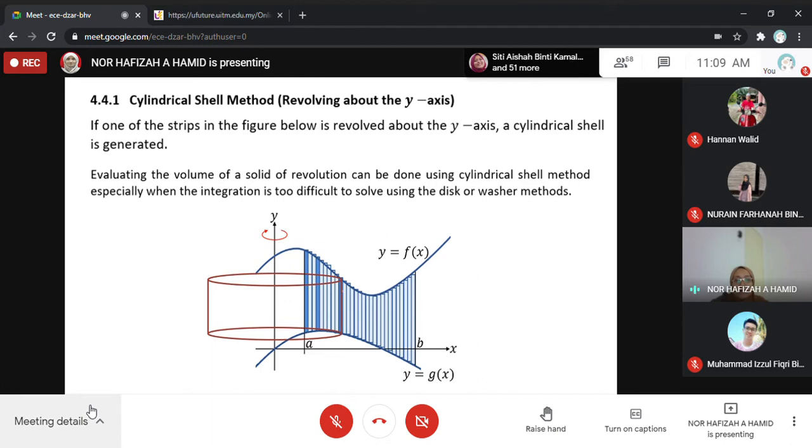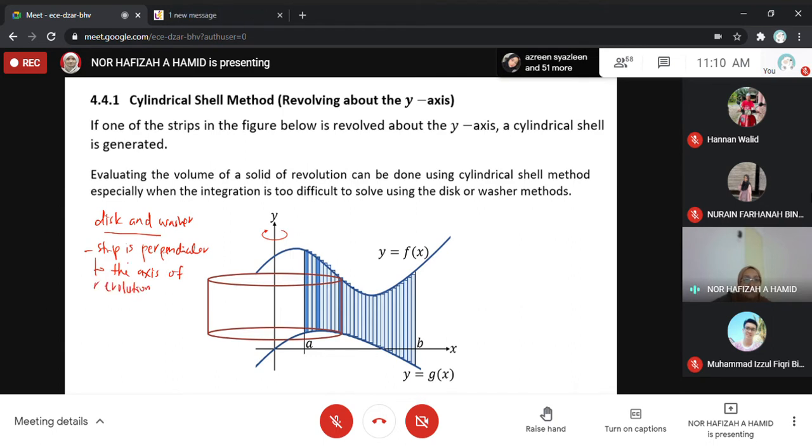Okay, so for cylindrical shell method, the strip is parallel. For disc and washer, yang last class we have, the strip is perpendicular to the axis of revolution.